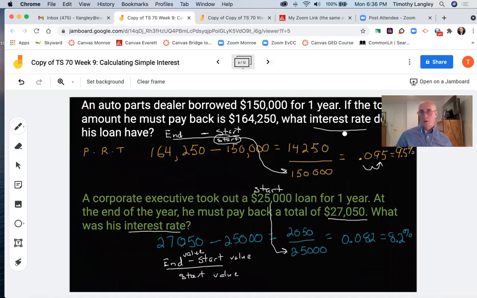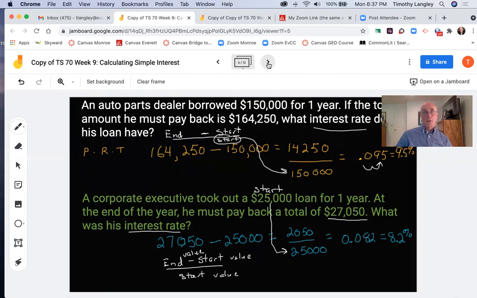If you take the ending value minus the starting value, get an answer in your calculator, and then divide that answer by the starting value, that will give you a decimal, turn it into a percent, and that's how you calculate percent change: ending value minus the starting value divided by the original starting value.